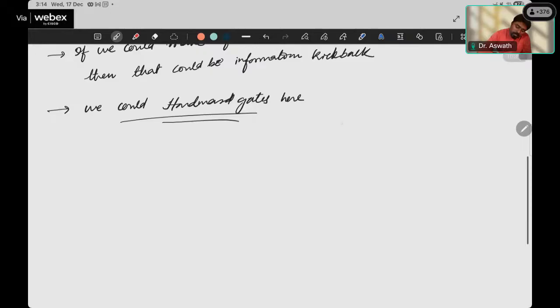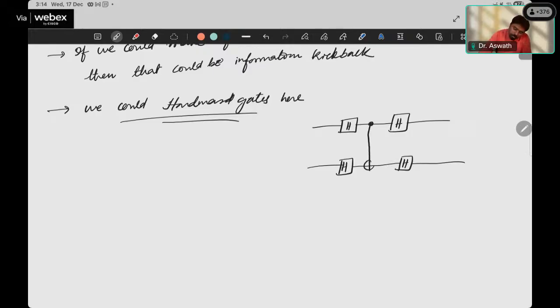You take a Hadamard, another Hadamard, one Hadamard on each qubit, and in between you take a controlled-NOT gate. Usually you think information always comes from top to bottom because of the CNOT gate.